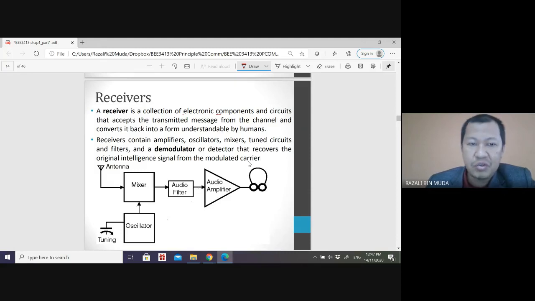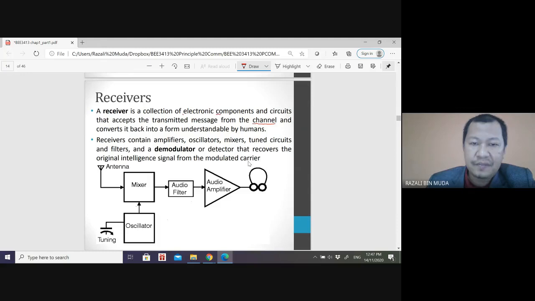Its function is to receive the transmitted message from the channel or medium and convert it back into a form that humans can interpret and understand.